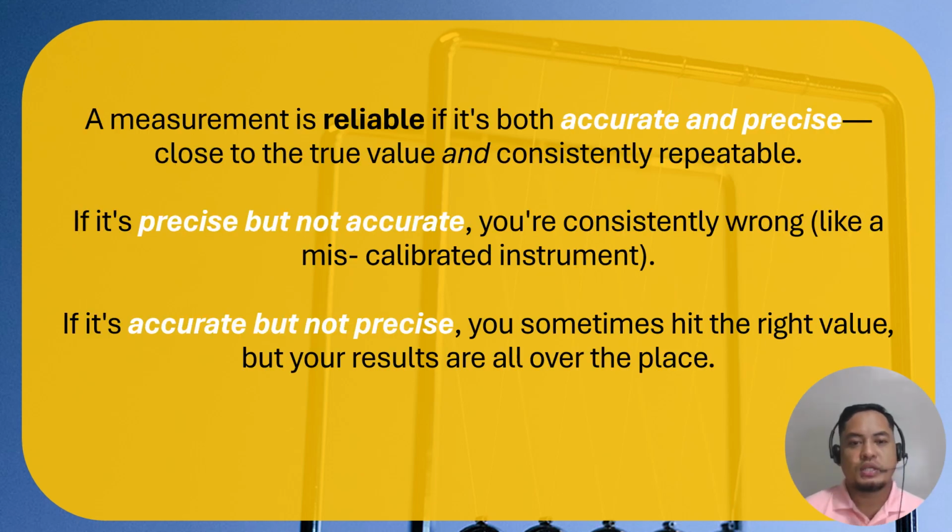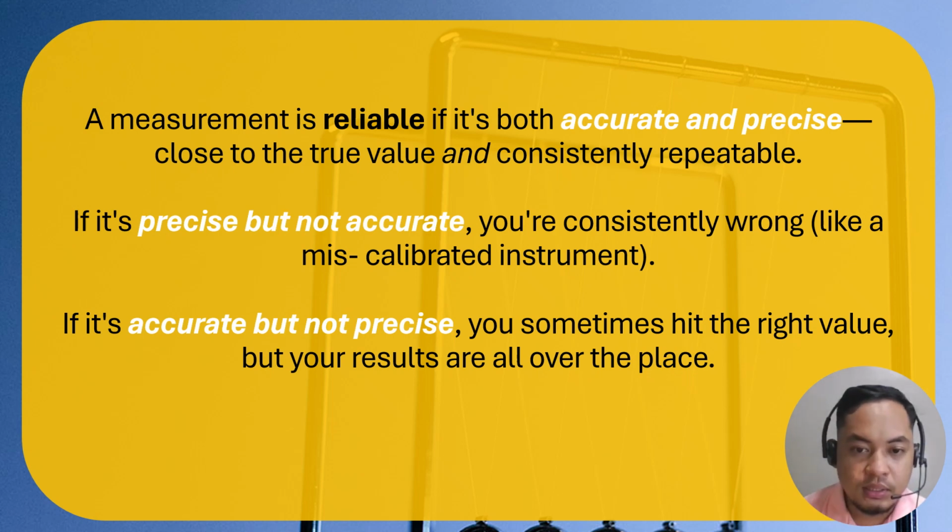Okay. So a measurement is reliable if it's both accurate and precise, close to the true value and consistently repeatable. If it's precise but not accurate, you're consistently wrong. For example, with a miscalibrated instrument, you get the same result, but it's away from accuracy because it's not giving you the right measurement.